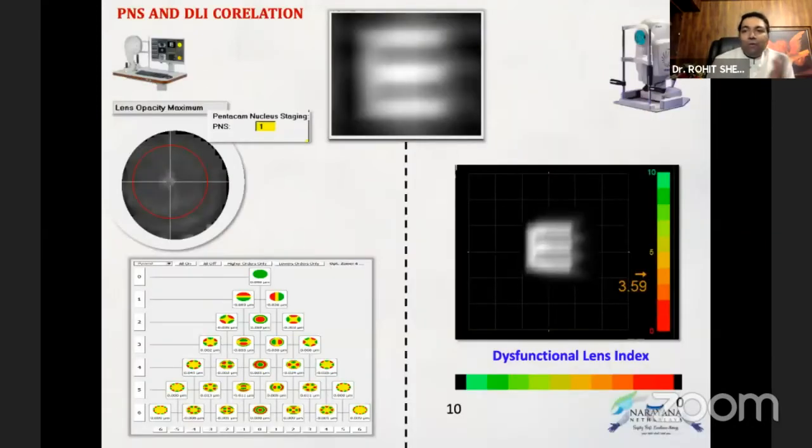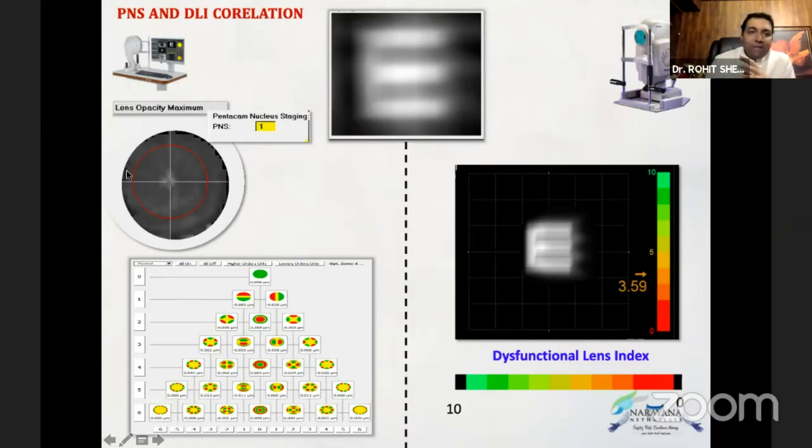And you can always correlate to our favorite tool for looking at an early cataract. Dysfunctional lens index was something which was used with the iTrace, which is a standalone aberrometer. Of course, you do have a keratometry topography there, but it's more of a Placido disc.